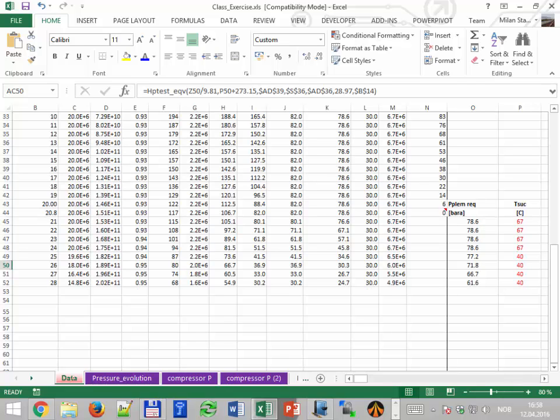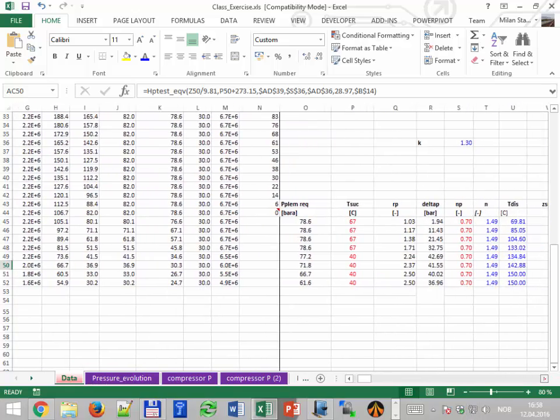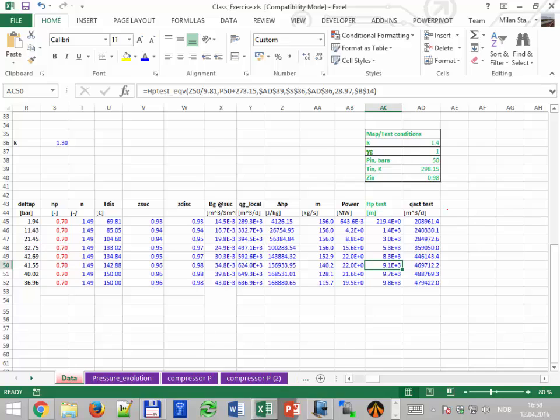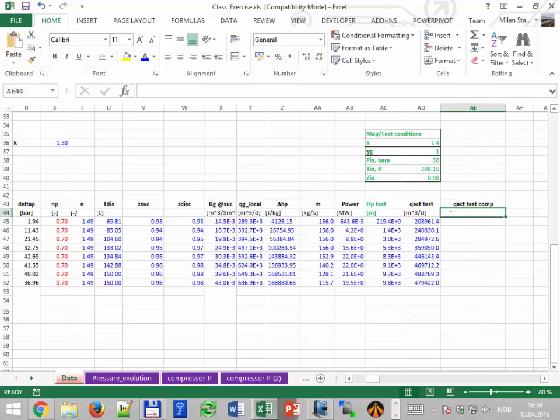But remember, this compressor map is for one compressor. So the head is the same because they go from the same pressure to the same pressure, but the rate has to be split into two. So we have to put here one more column that says Q act test of one compressor, single compressor.